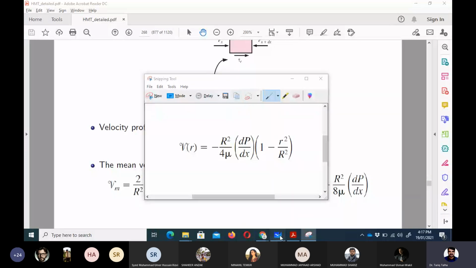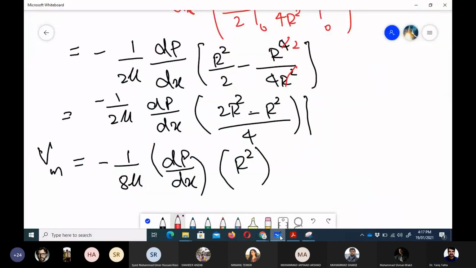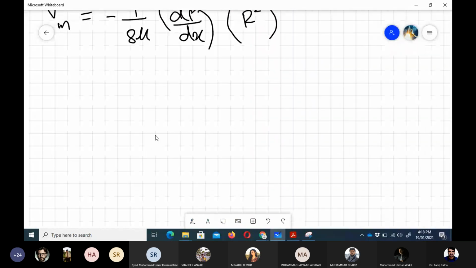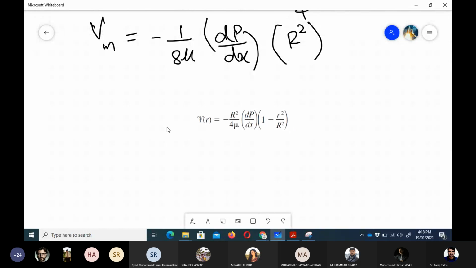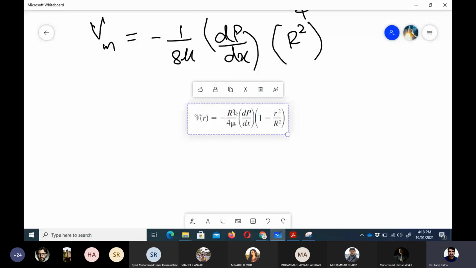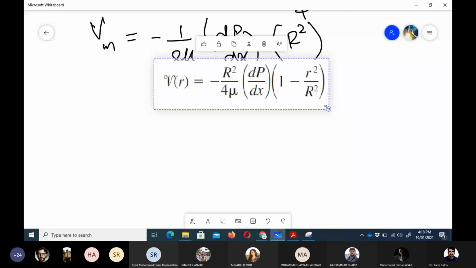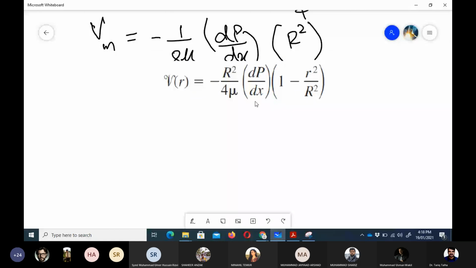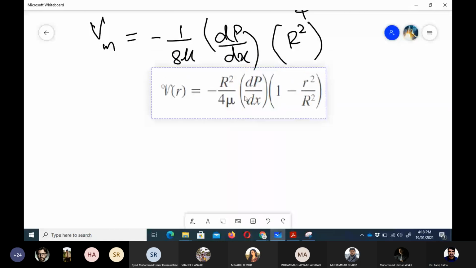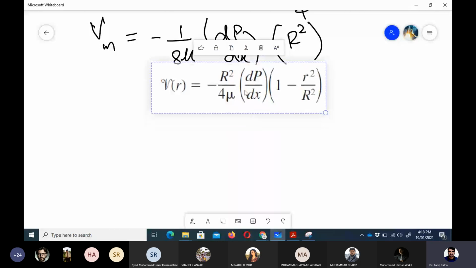Copy and then paste it here somewhere. Now you can see that Vm and VR are quite similar.